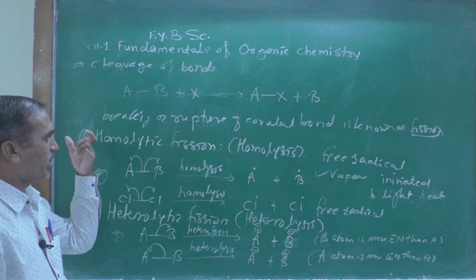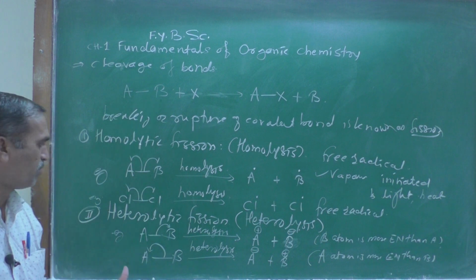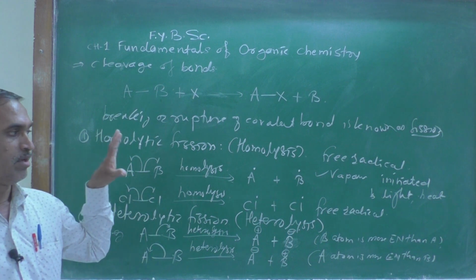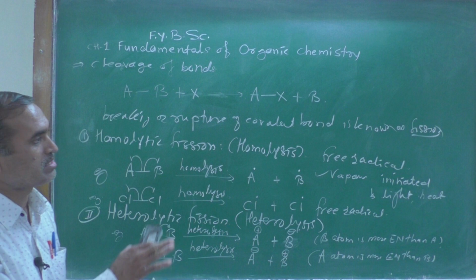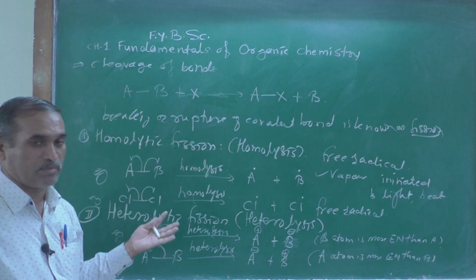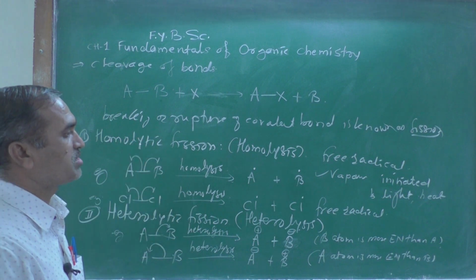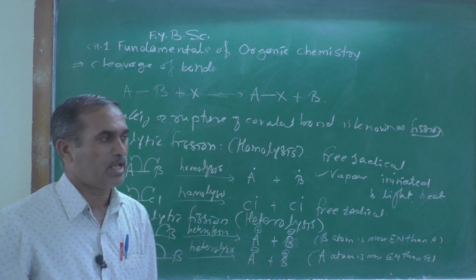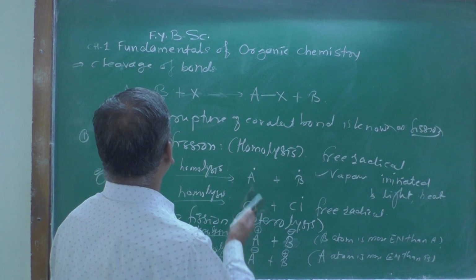Understood? What do you mean by homolytic fission and what do you mean by heterolytic fission? These are cleavages of bonds taking place. There are two types of cleavages we have seen now. Now the next point we are going to learn.